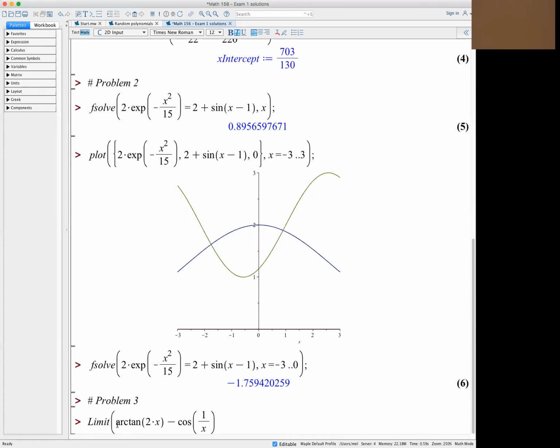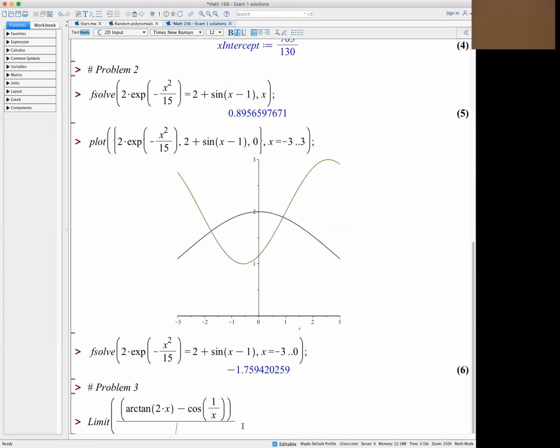And I want all of that divided by something, so I have to put parentheses around it. That's going to be my numerator, divided by 1 plus 5 times exp of minus x.